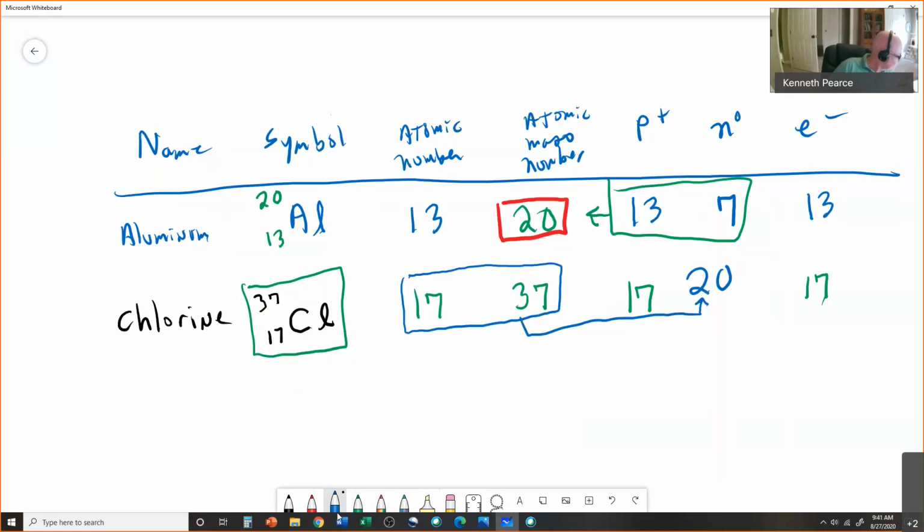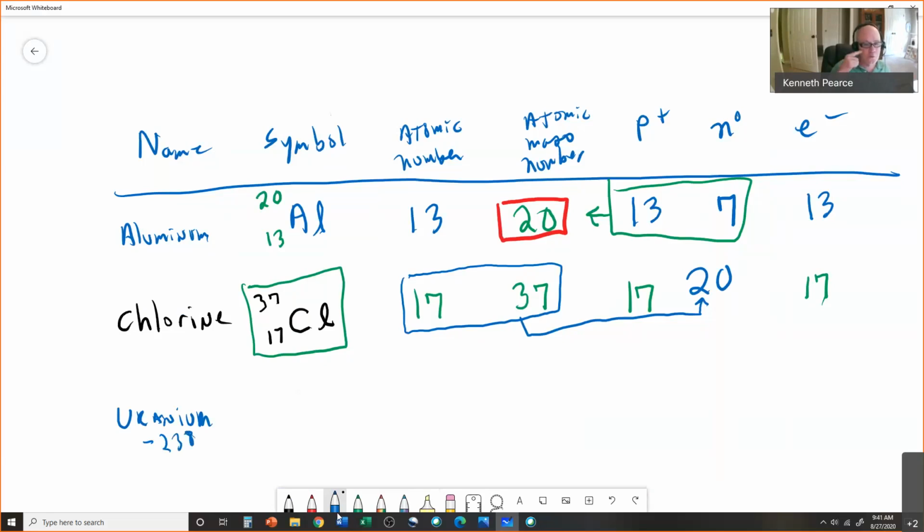Let's do uranium-238. The 238 in the name, uranium-238, means the mass number.